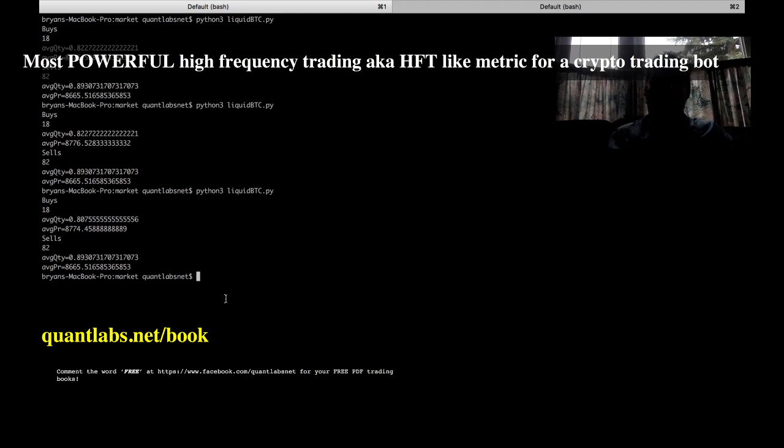The other reason why I like trading right now on Bitcoin is because with Bitcoin, you can still trade in the spot market with 0.001 Bitcoin as a minimum quantity. It used to be 0.01. So now I just put a third zero in there.